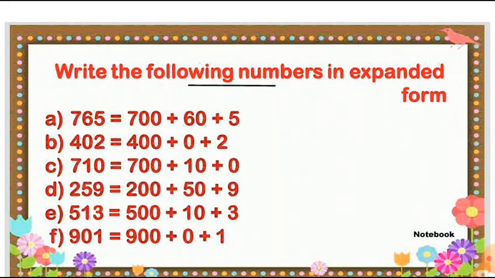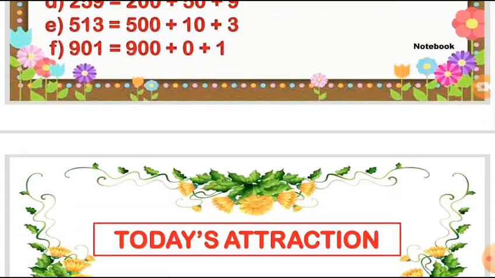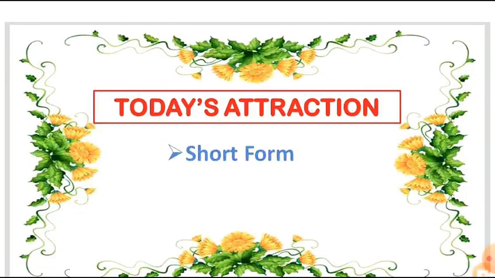Today we are going to move to another topic, and today's topic is short form. Now we know how to expand a number, isn't it? So now we will learn how to write the short form of a number from the expanded form.